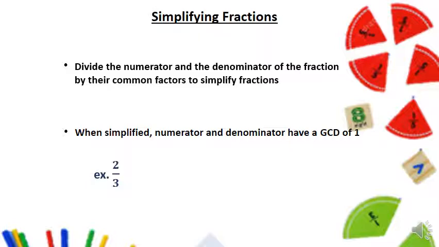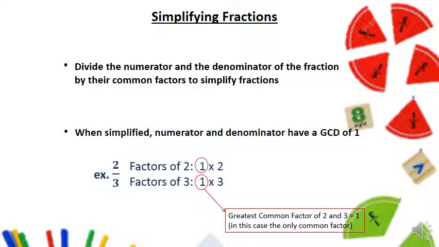Can you simplify this fraction? Do I have any common factor between 2 and 3? No, because the factors of 2 are only 1 and 2. The factors of 3 are only 1 and 3. So the common factor is 1. So the greatest common factor between 2 and 3 is 1. So this is the simplified form.